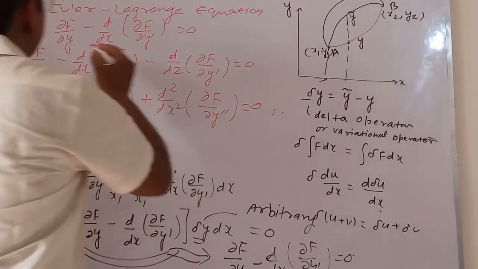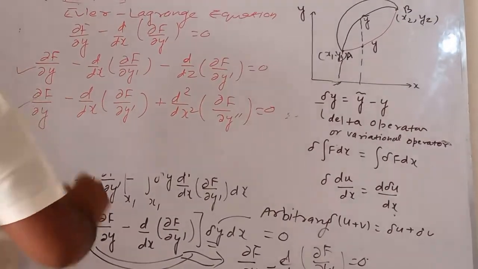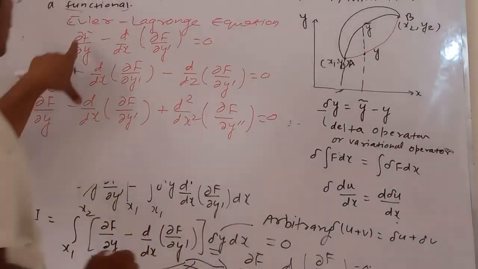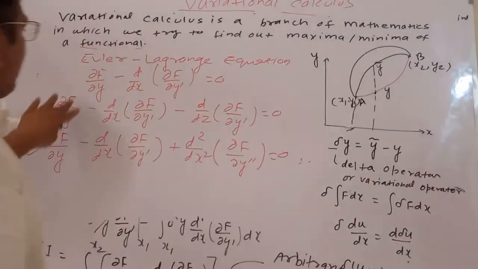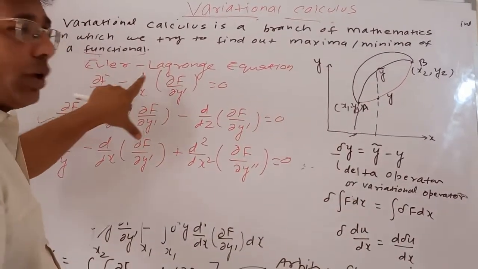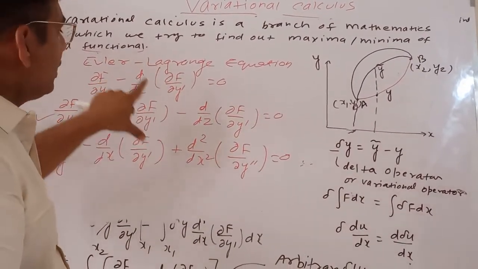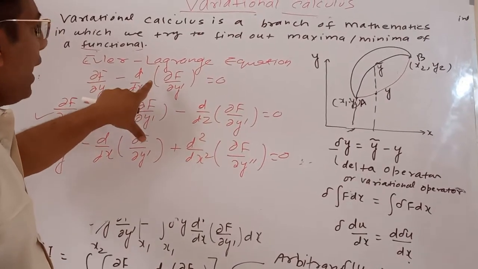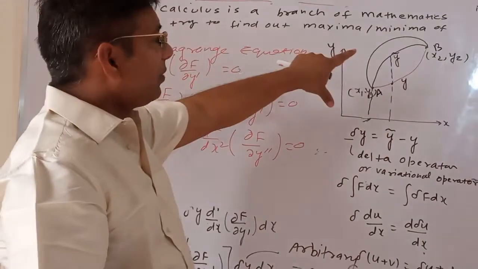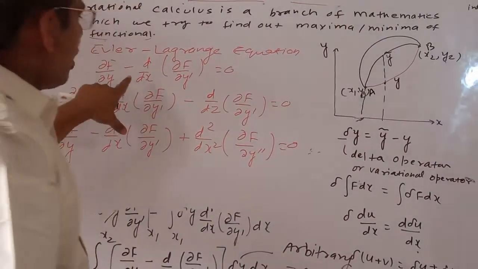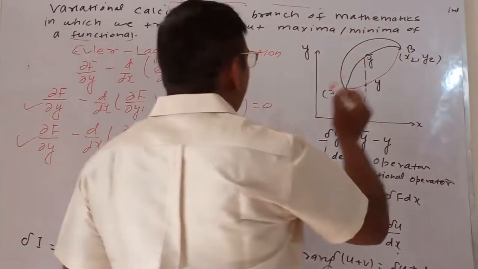So all of these can be derived, and all of these are called the Euler-Lagrange equation or simply the Euler equation. This is very famous, and why is it so important? It is important because it makes our life easy, and it gives us the condition for an optimum curve, optimum path.